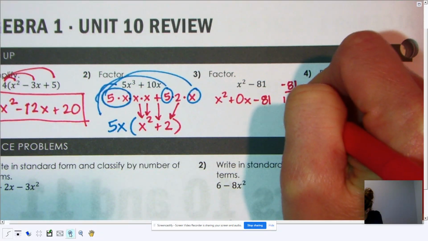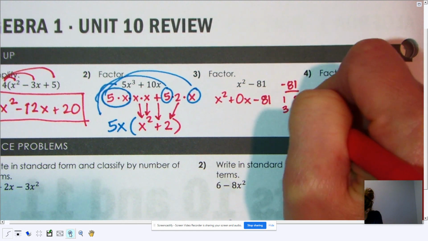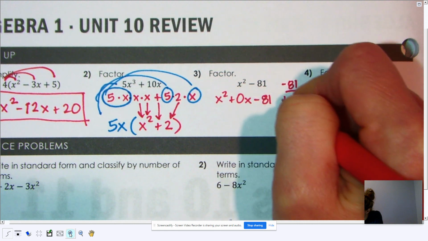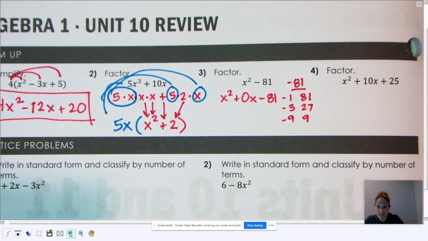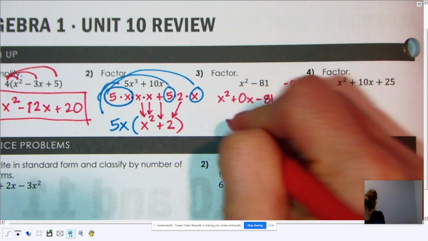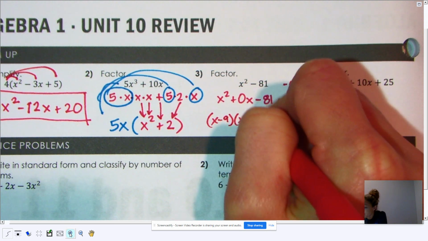So 1 and 81, and then 3 and 27, and 9 and 9. And then I know one of them has to be positive and one of them has to be negative, and they have to add up to make 0. Okay, so this right here is going to be that combination. So x minus 9 and x plus 9.